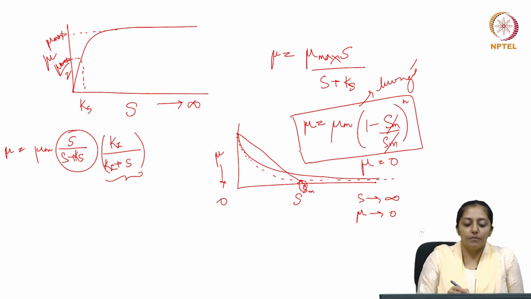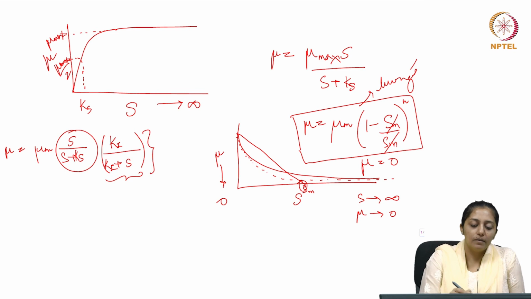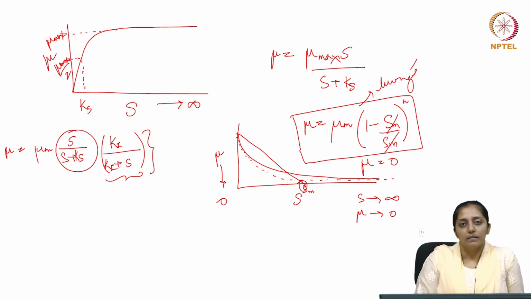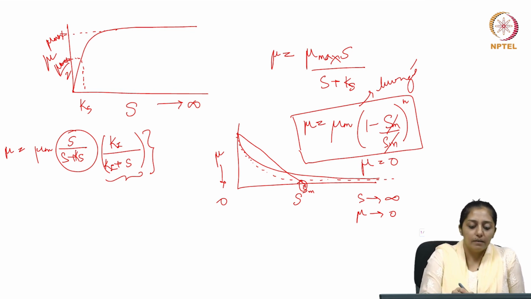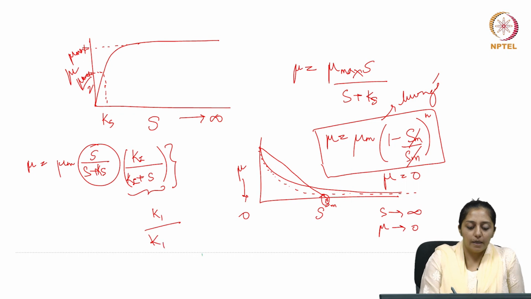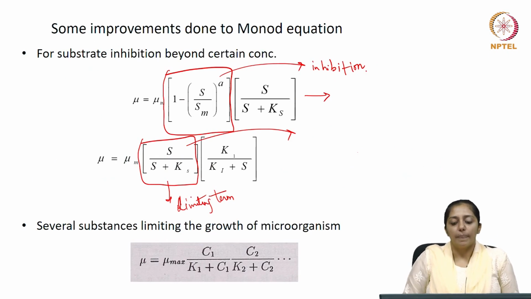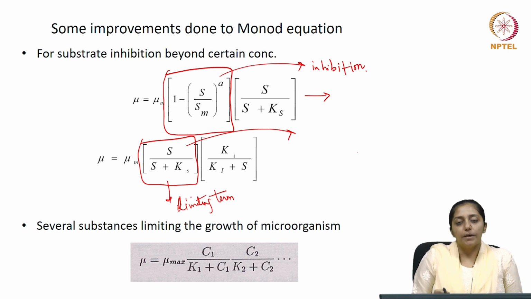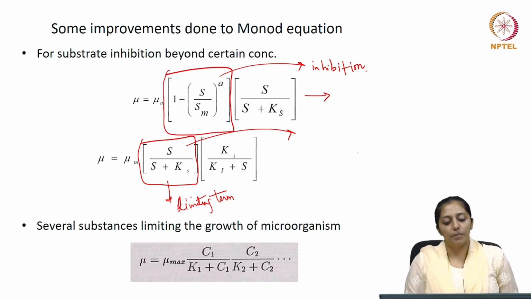So, this kind of kinetics can be well determined by an equation of this sort, Ki upon Ki plus S. So, one can make out how different model equations have been formulated to take into account different physical phenomena.